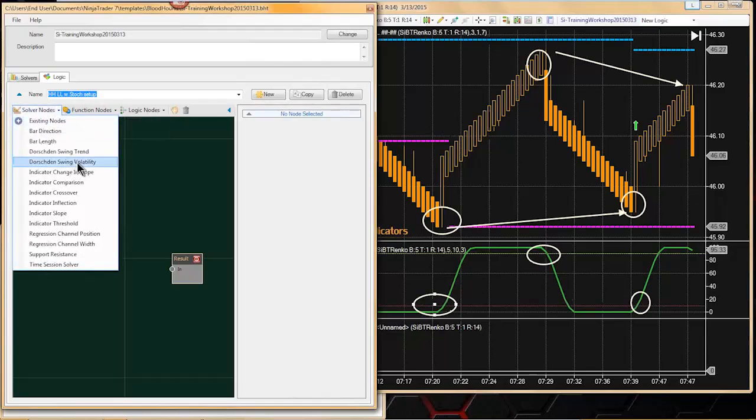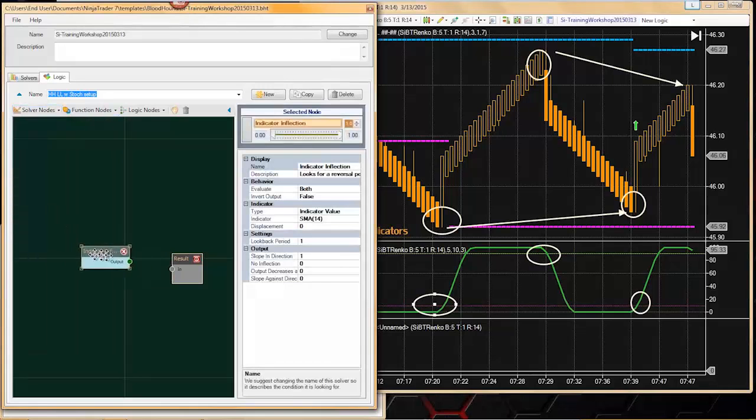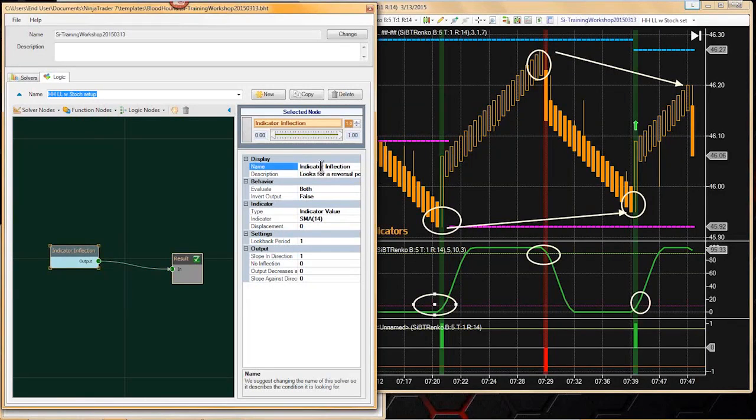So let's grab an inflection solver first. We're just going to be looking to see when the close price essentially reverses.